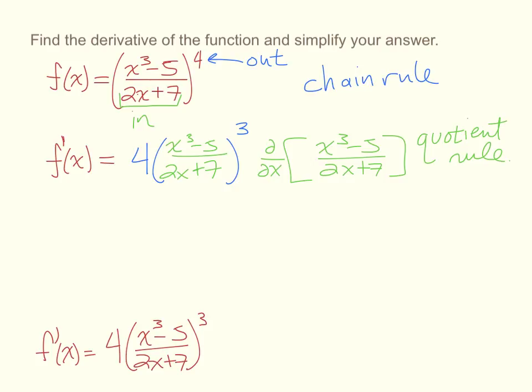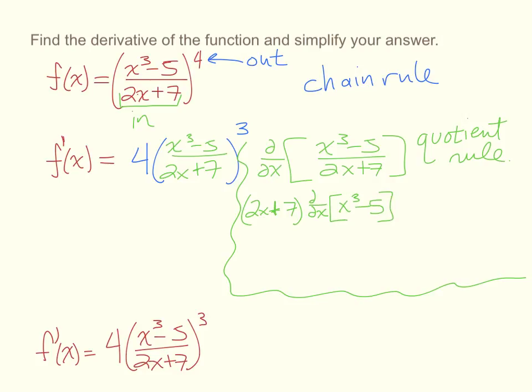So the quotient rule says we start with the denominator, 2x plus 7, and we multiply that by the derivative of the numerator, x cubed minus 5.